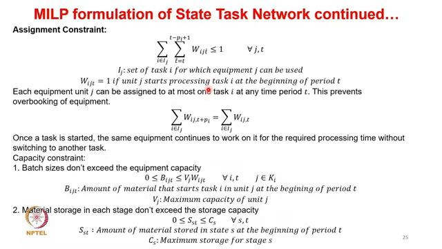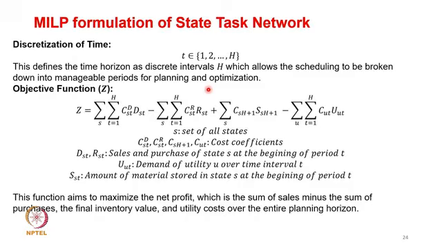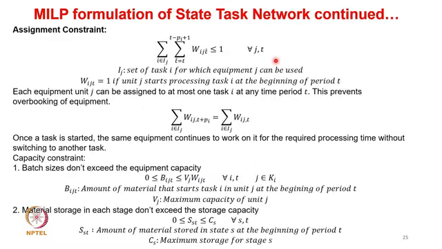So, again, just to summarize, you have the objective function, which is all about the cost. You have an assignment constraint that takes care of overbooking, and another constraint that helps with continuous processing without breakage of a particular process.